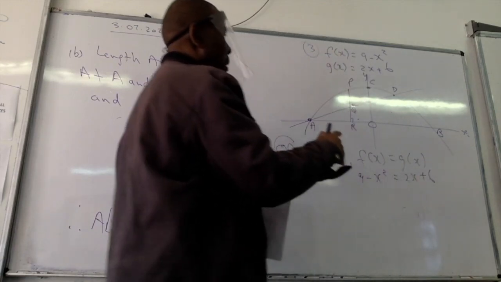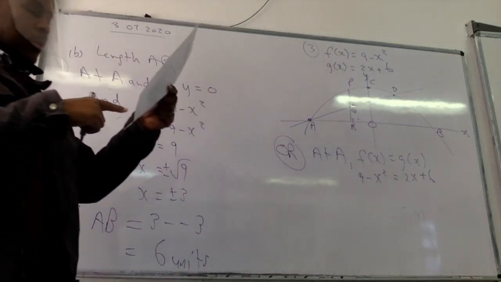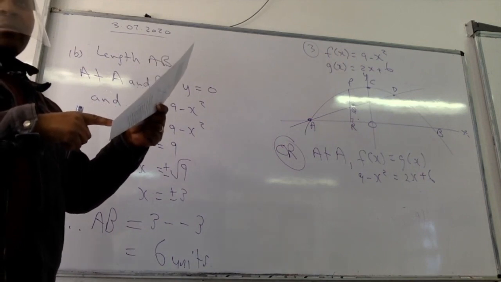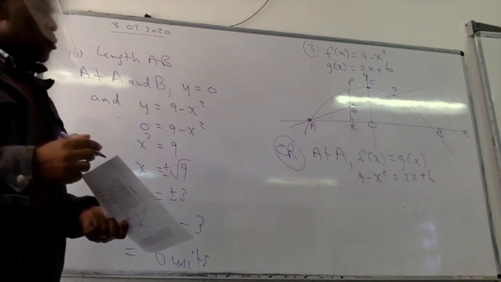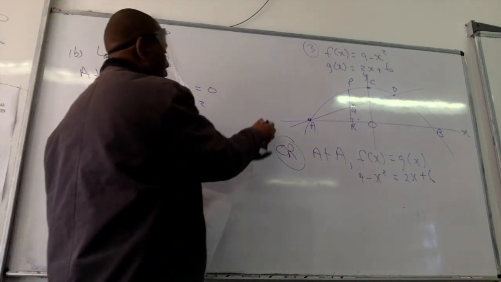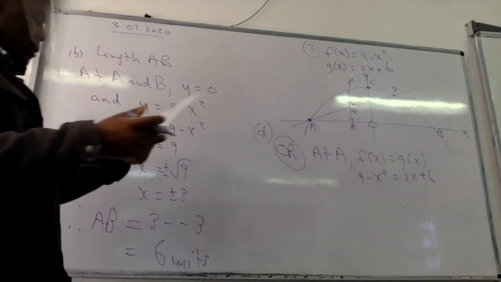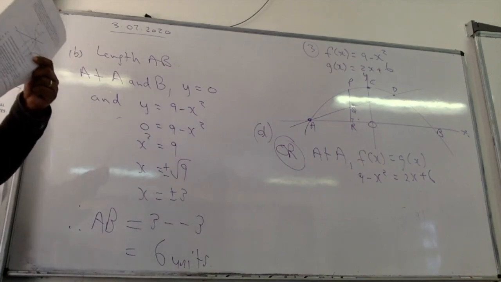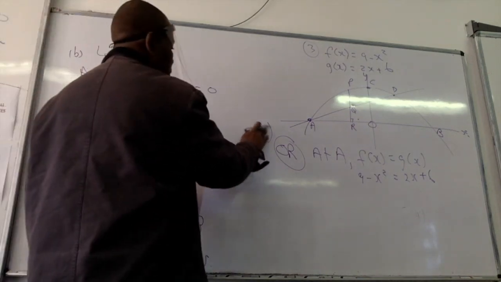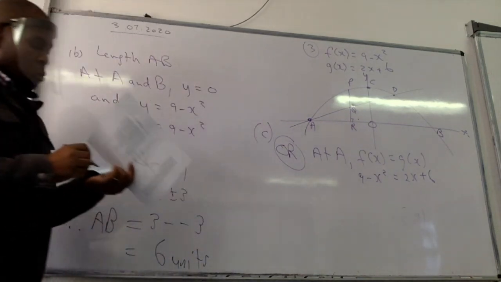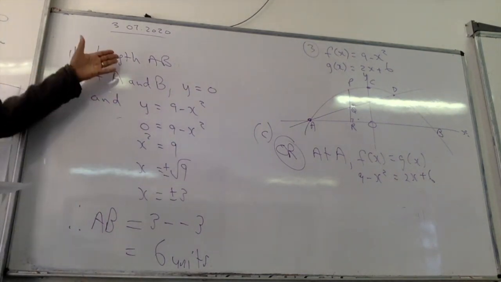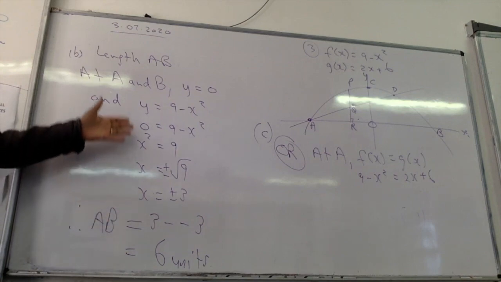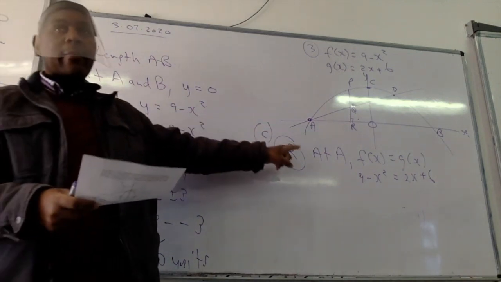You may not like it, but I think later on you will need it anyway, because we need to work out D. Did you see that? We need to work out D. So can we just take advantage, guys, and answer part D straight away? Is it part D or part C? It's C. Okay. So this here will give us point A. So if you did not want to get A like this, then you can get A like that.